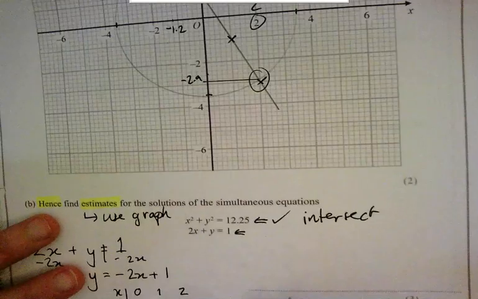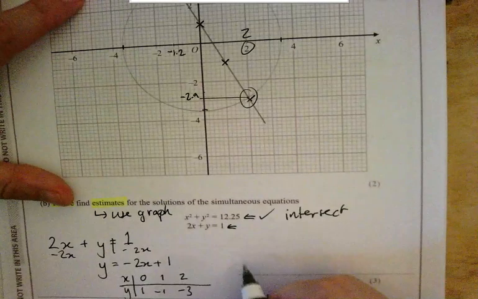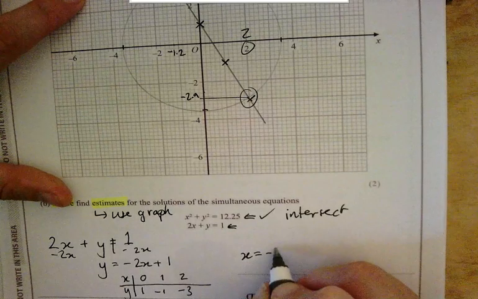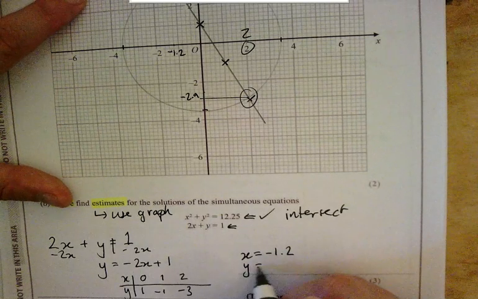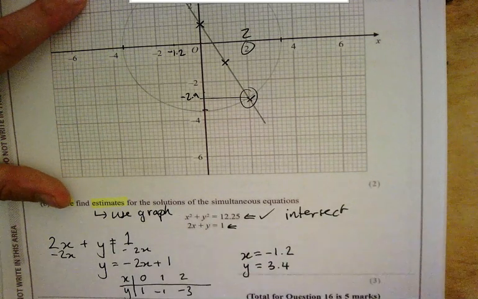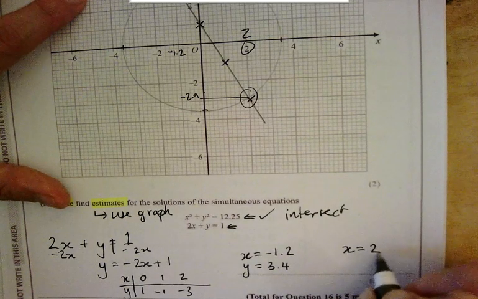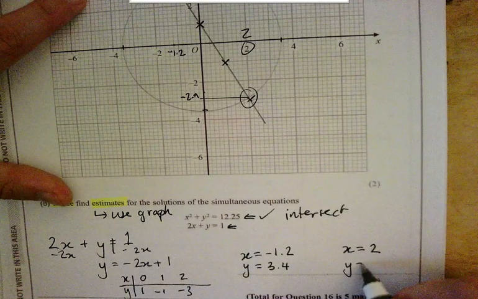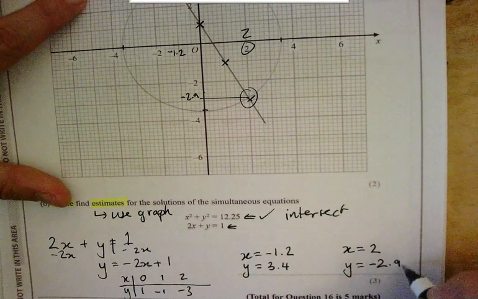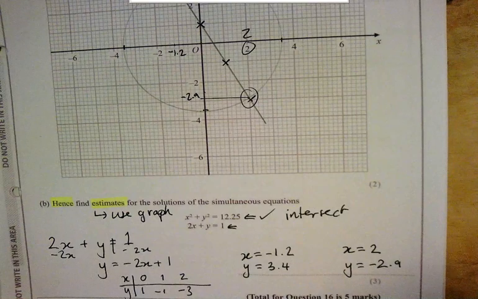So I've got that first point: x equals negative 1.2, y equals 3.4, making it clear that those two go together. And the second point is x equals 2, y equals negative 2.9, making it clear that those two go together.